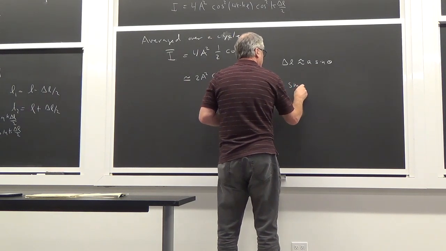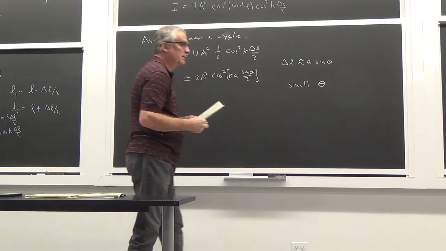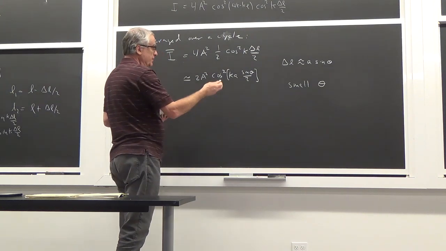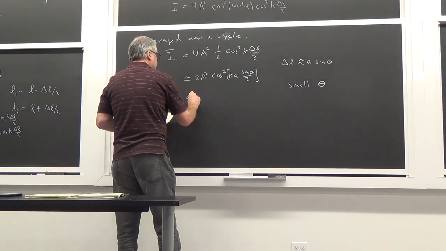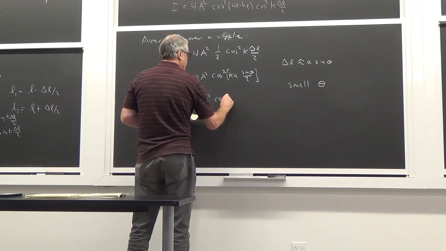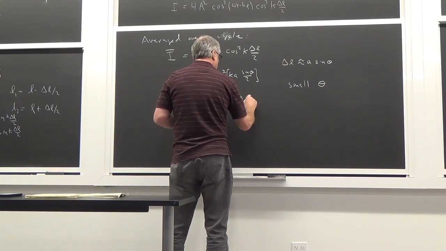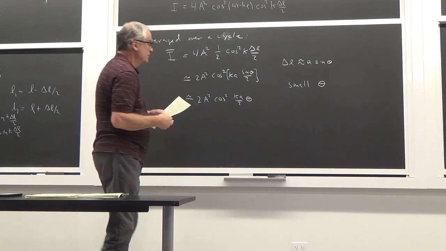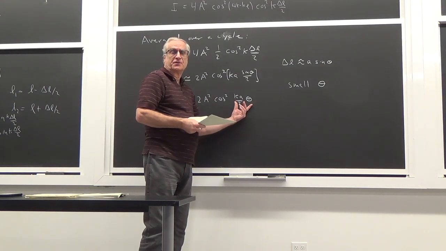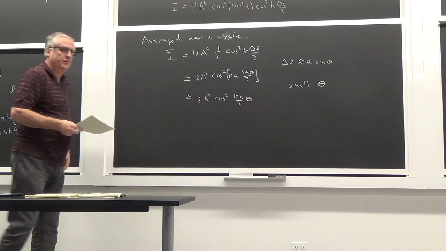But I'm also going to consider just small theta. If we just consider small theta, then sine theta is about theta, and so this is approximately 2a squared cosine squared of ka over 2 times theta. So for small theta, the argument of this cosine squared is just linear in theta. Of course, if you're going to do big theta, then the linearity goes away.